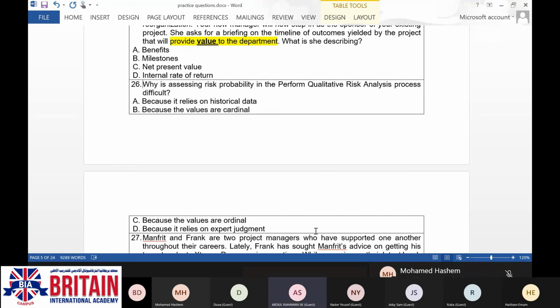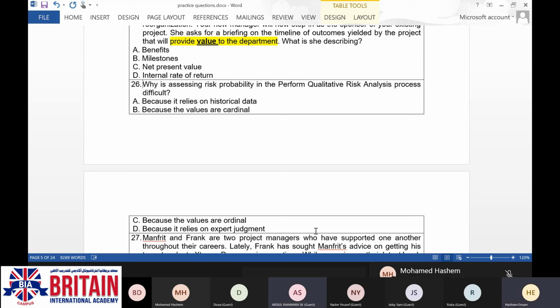First of all, what is the difference between qualitative risk assessment or qualitative risk analysis and quantitative risk assessment? No, sir, no idea.